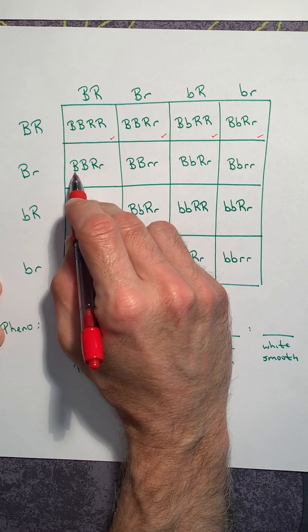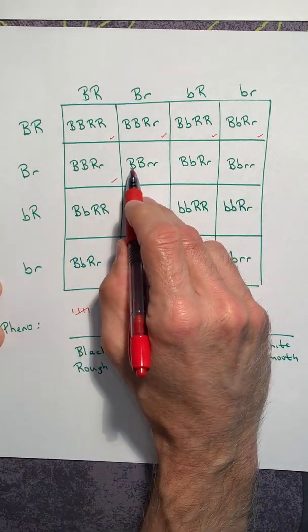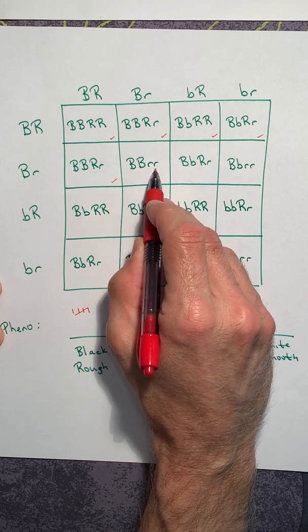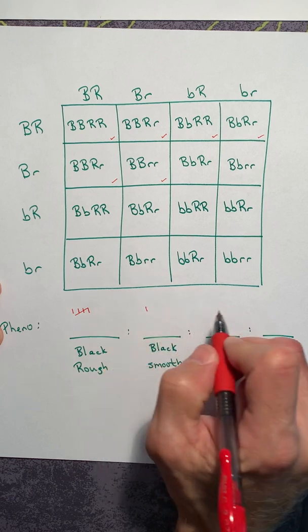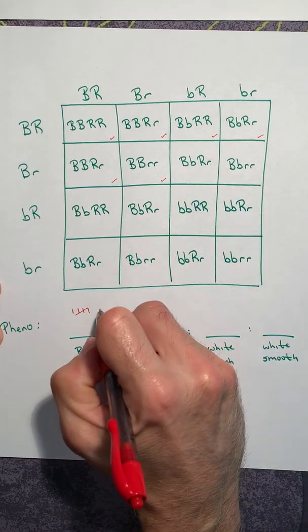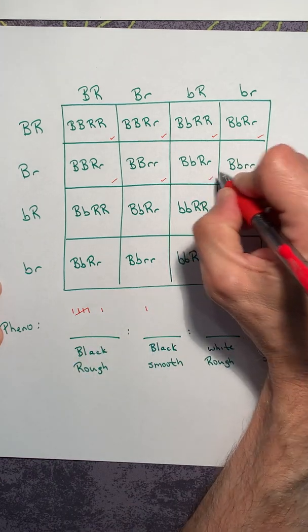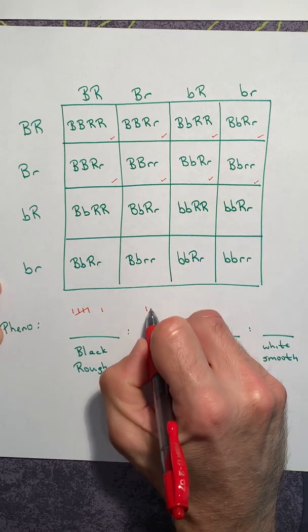So, second row, also black and rough. Black, smooth, 2 lowercase r. That is black smooth over here. Black and rough. And now black and smooth.